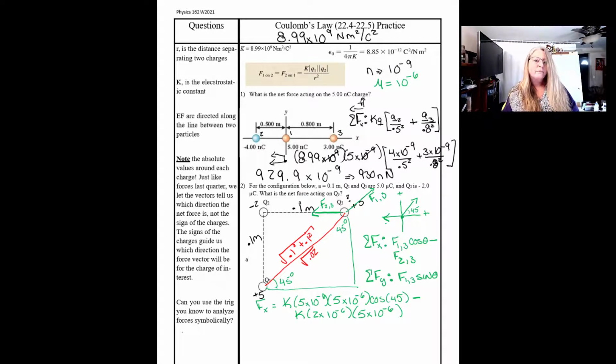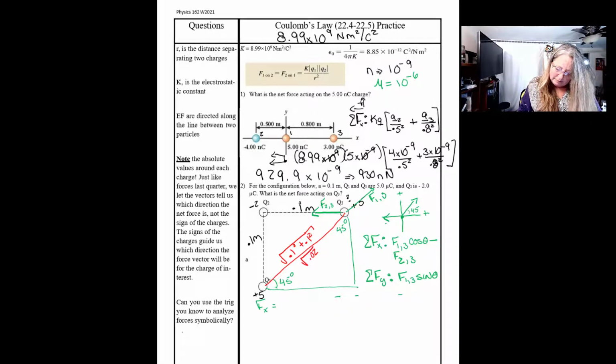Okay. I gotta erase. That's what happens when I try to get things done too fast. All right. I need the same thing. So K times my 5 times 10 to the negative 6 times 5 times 10 to the negative 6 over r squared.